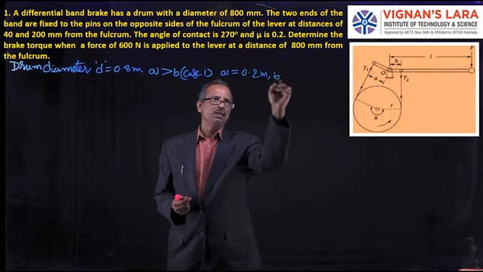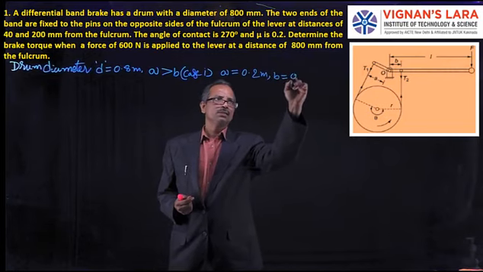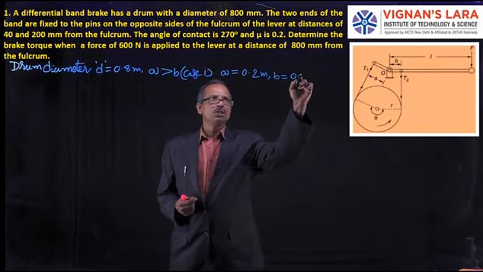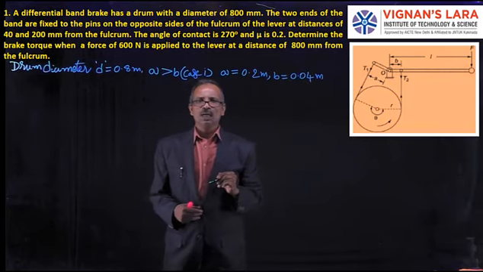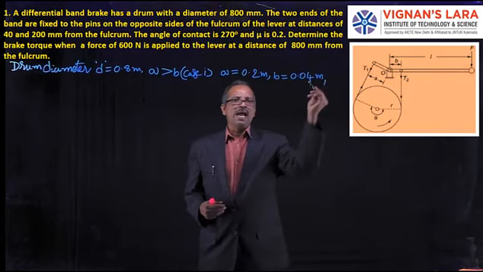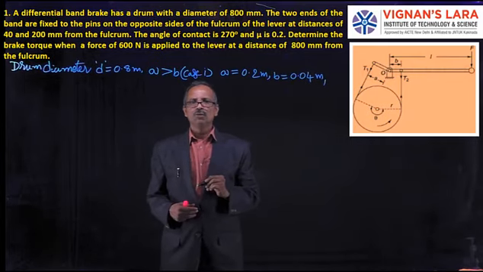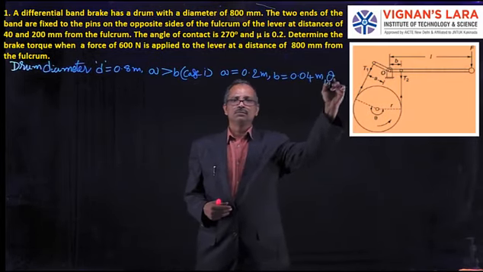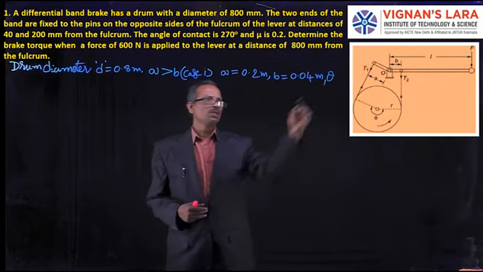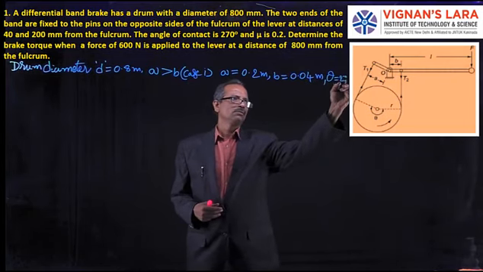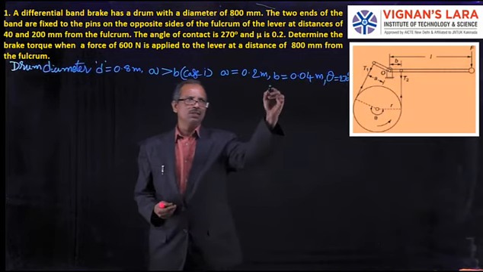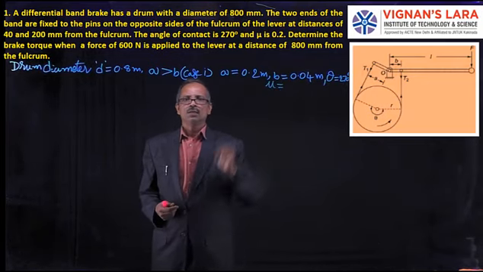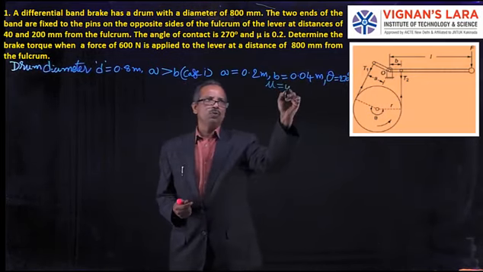Then B is 0.04 meters, 40 mm. And the angle theta is 270 degrees. Then the coefficient of friction is given as 0.2.